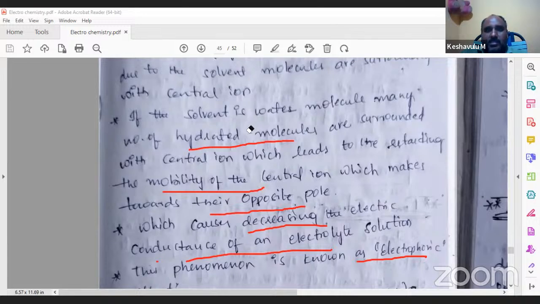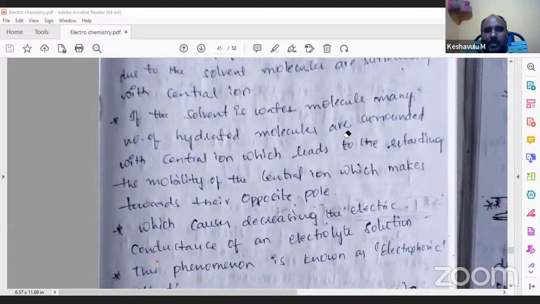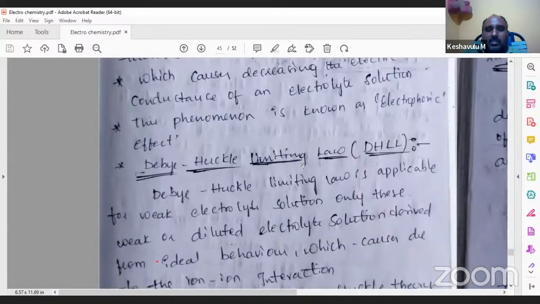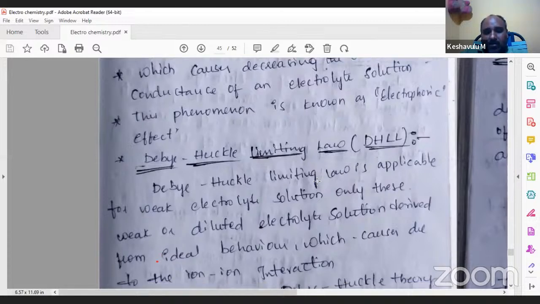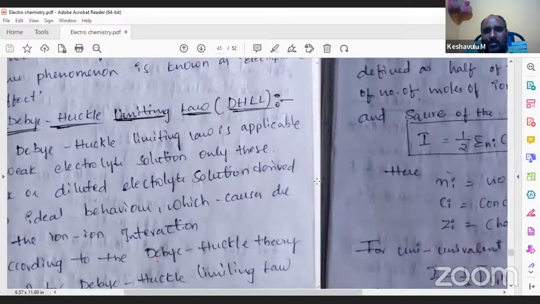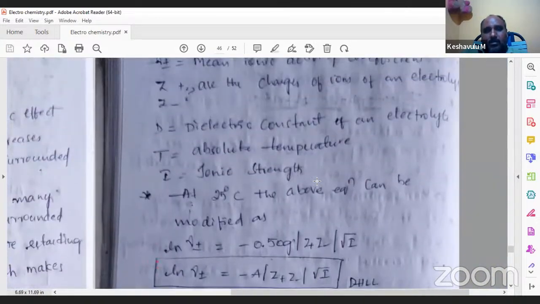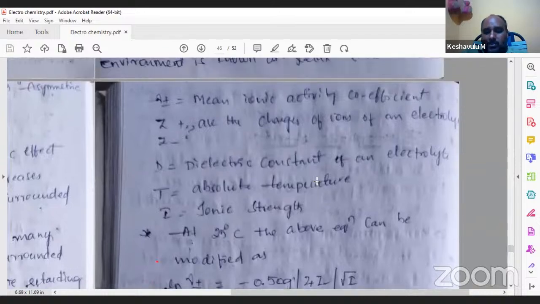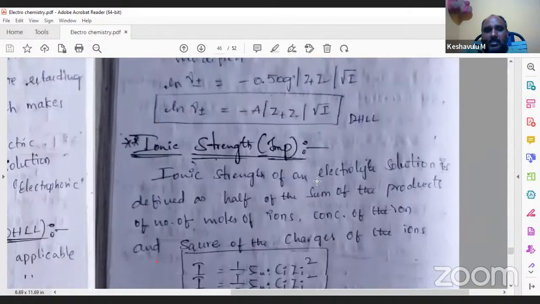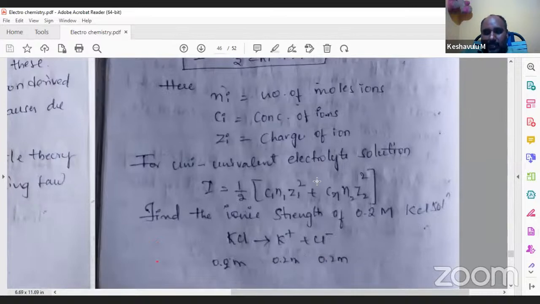These are the Debye-Hückel assumptions. With their help, Debye and Hückel derived one equation, the Debye-Hückel limiting law. This law is applicable for strong electrolyte solutions and may be considered the extended Debye-Hückel limiting law.